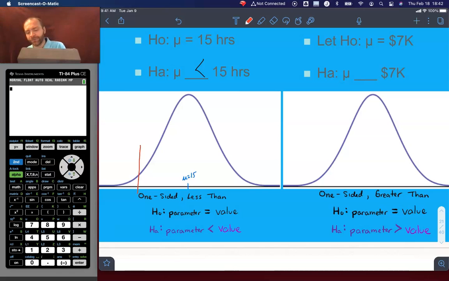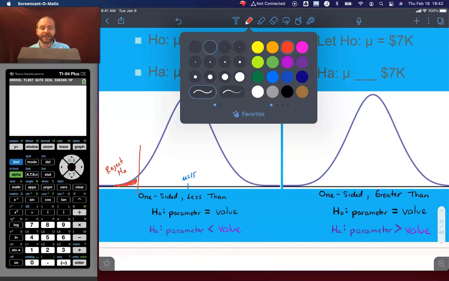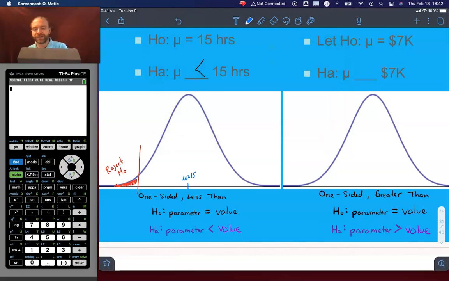If we observe something way out in this shaded area, this left-sided tail, it would be so rare for that to occur that we're going to reject the null. But if we observe something in the other zone, we're going to call this the fail to reject the null. And I want you to realize, even way over here, we're not rejecting the null. We still fail to reject.